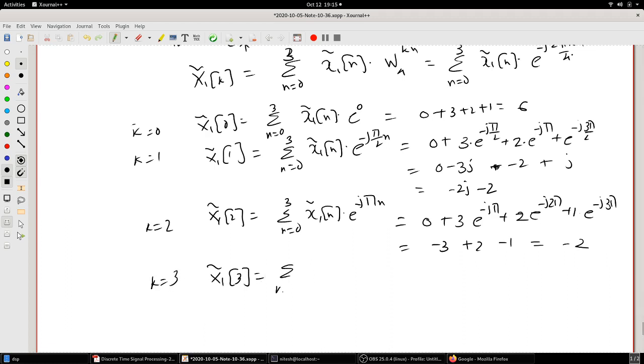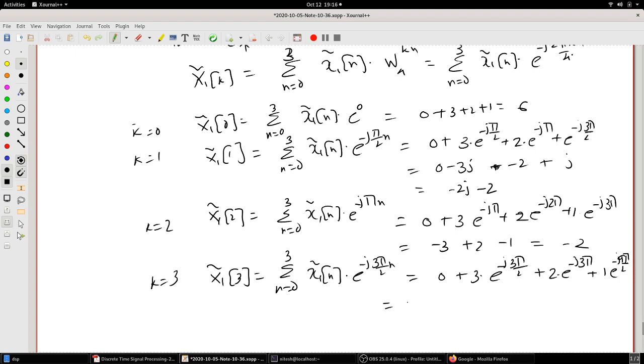So that is equal to summation n equal to 0 to 3 x1 tilde of n into e raised to minus j 3 pi by 2 n. So this one becomes equal to 0 plus 3 into e raised to minus j 3 pi by 2 plus 2 into e raised to minus j 3 pi plus 1 into e raised to minus j 9 pi by 2.